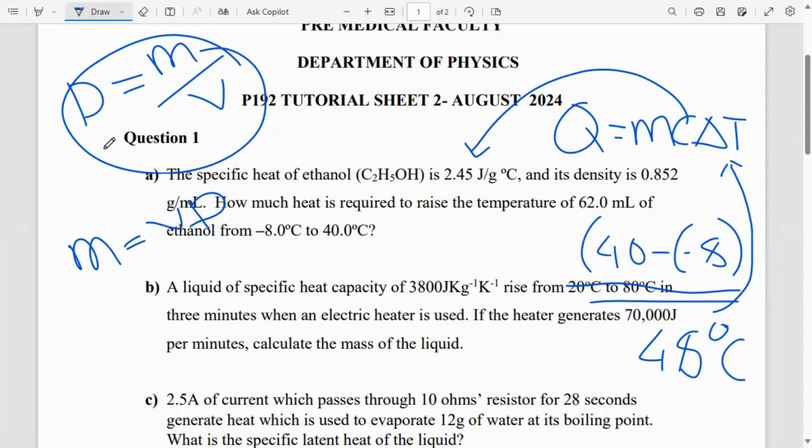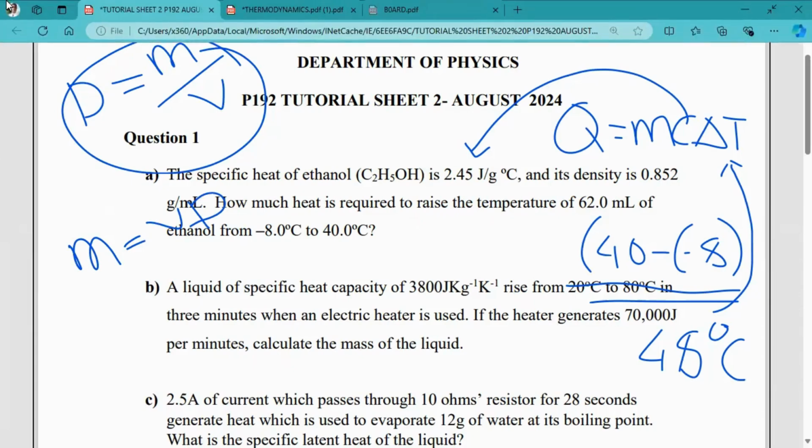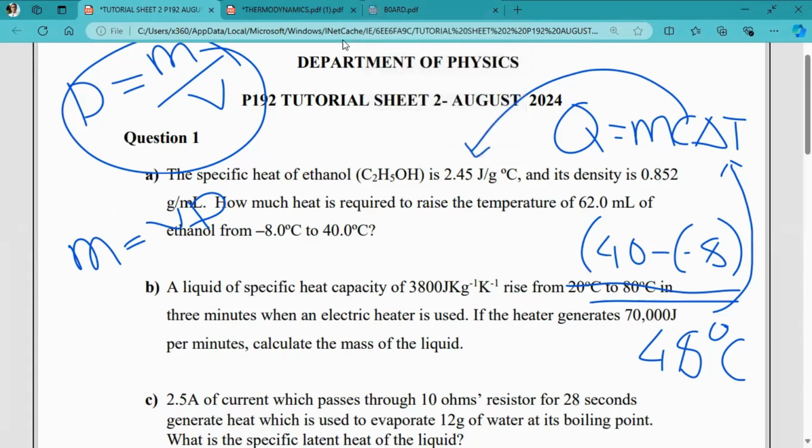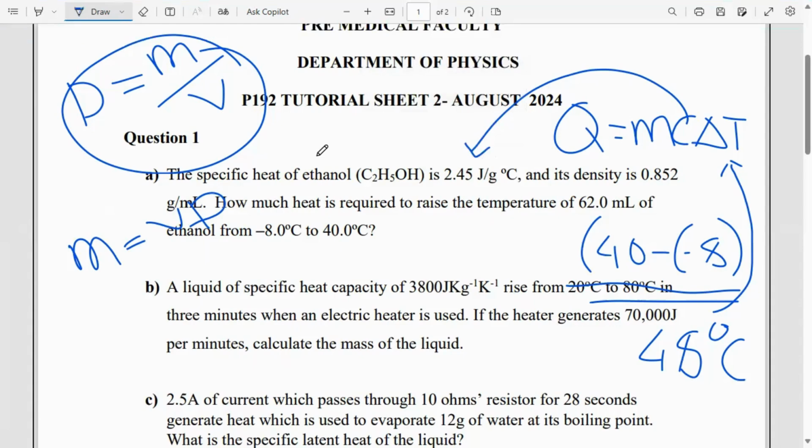So let's find the mass of our ethanol. Mass of ethanol will be equal to 0.852 multiplied by 62.